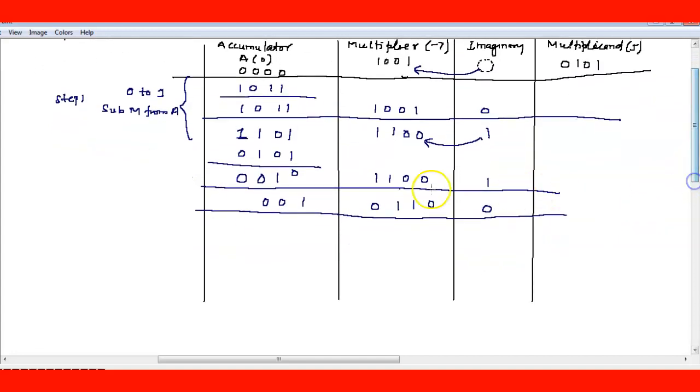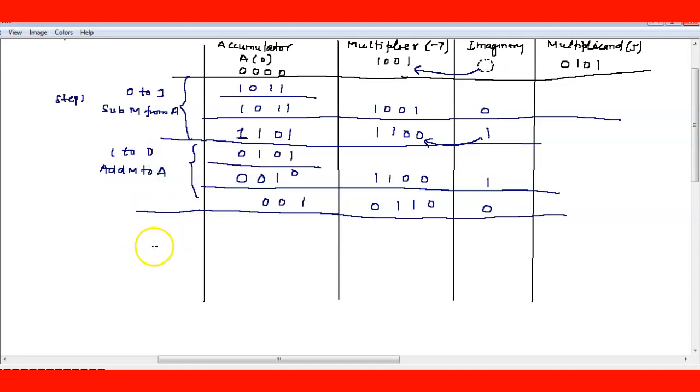Based on our transition, you can write here 1 to 0, so add M to A. Next is step 3.